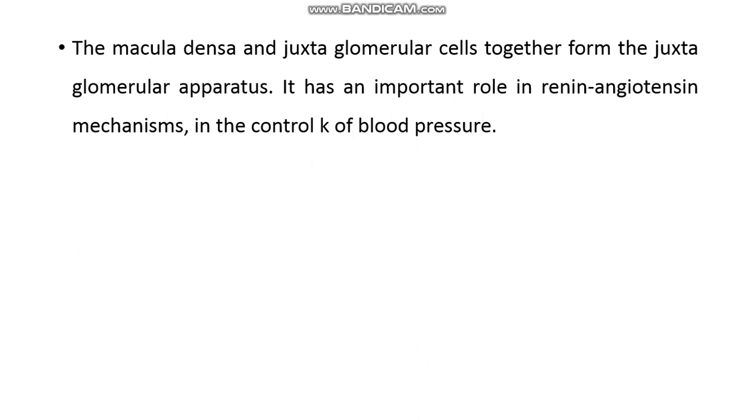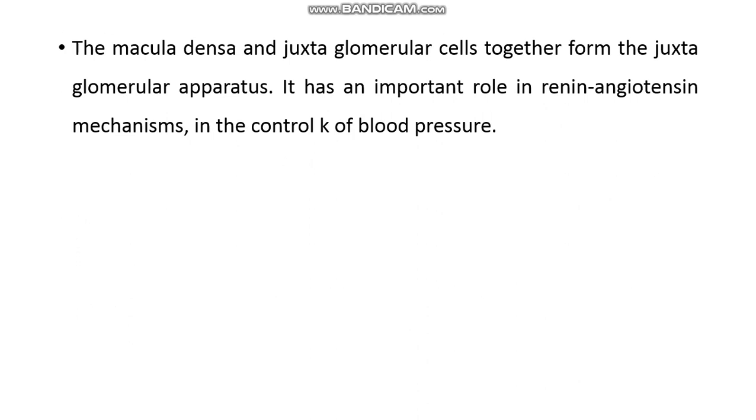Then the macula densa and juxtaglomerular cells together form the juxtaglomerular apparatus. So we discussed what the macula densa is and what the juxtaglomerular cells are. Both structures together form the juxtaglomerular apparatus.